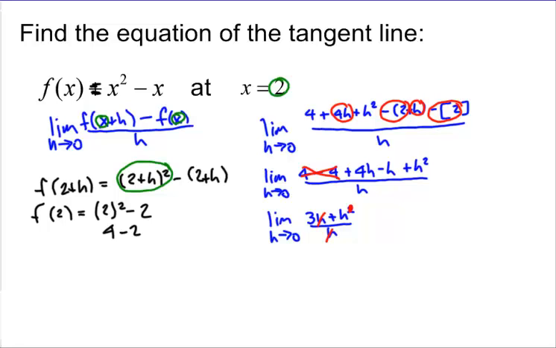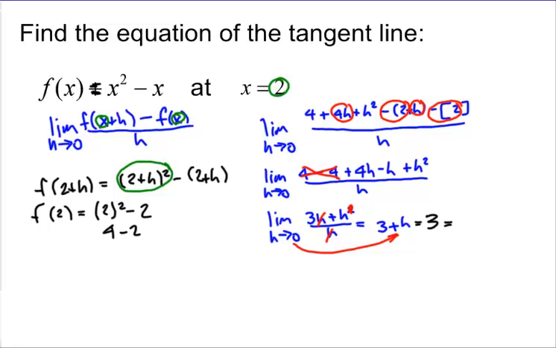This h becomes 1. So this is going to be 3 plus h. And now, can I substitute my 0 in? And the answer is yes, I can. And when I substitute that guy in, I end up with 3 plus 0, which is just 3. And that's my slope of the tangent line when x is 2.